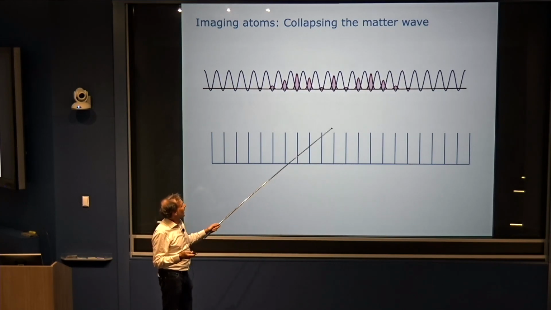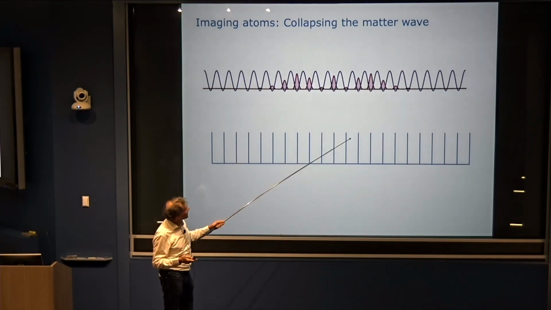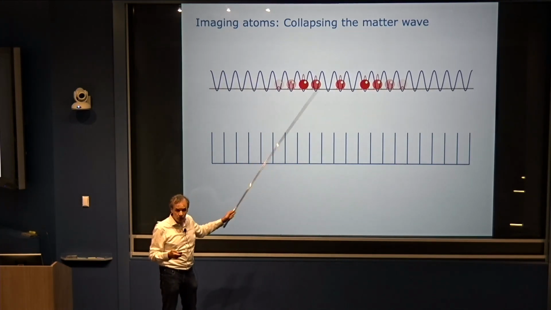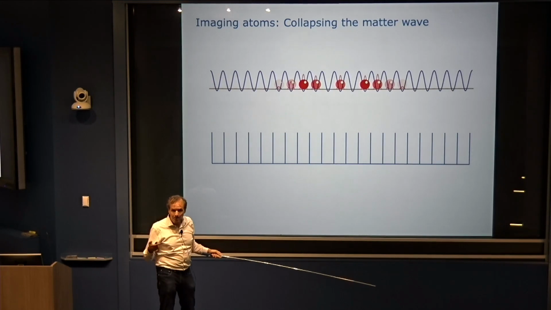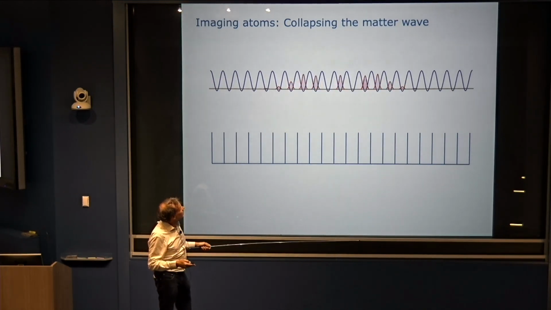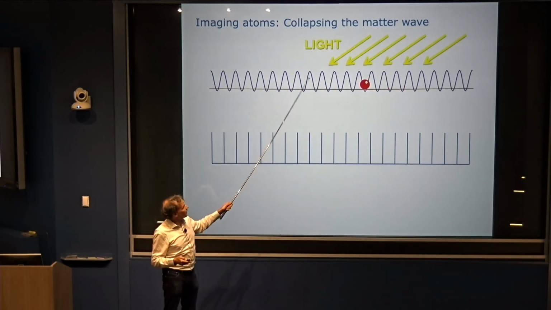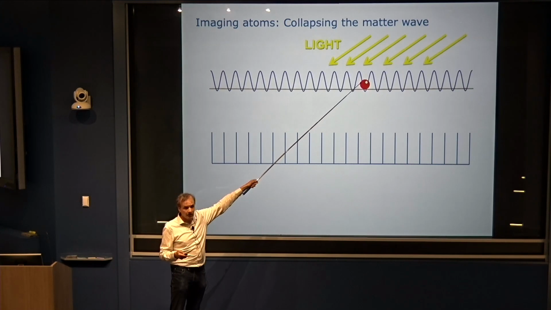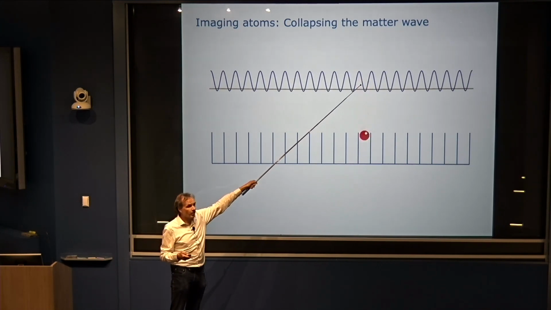So at this time, I have to assume the particle is really in a quantum mechanical superposition of all these possible locations. But if I then measure, if I shine light onto it, then the wave function will collapse, and I will find the particle at one particular point here.